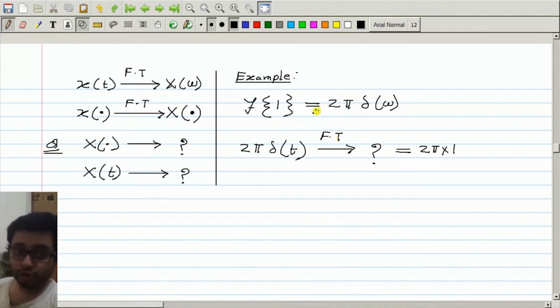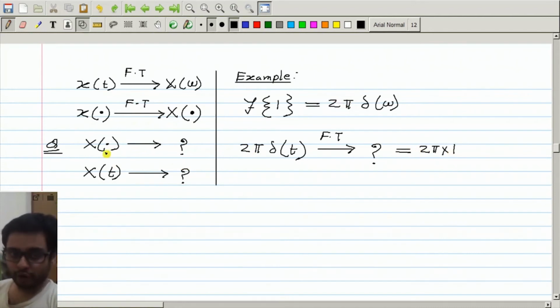And also from this example, you might have guessed that if Fourier transform of 1 is delta, then the Fourier transform of delta is 1, disregarding these constants for now.